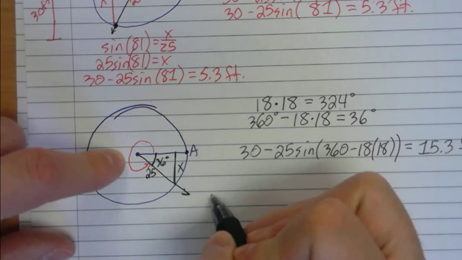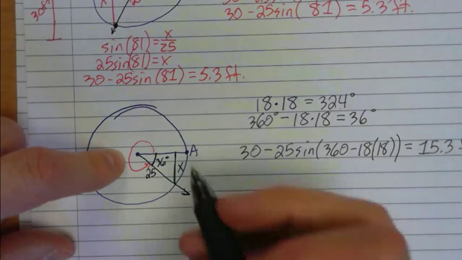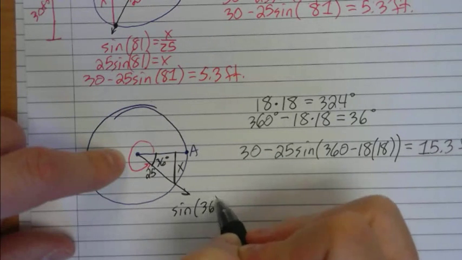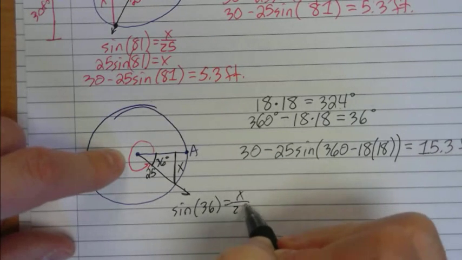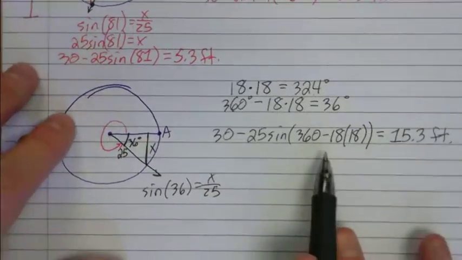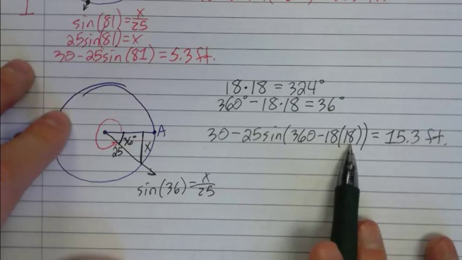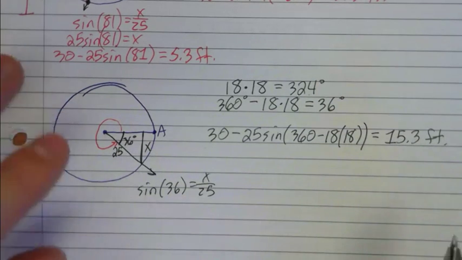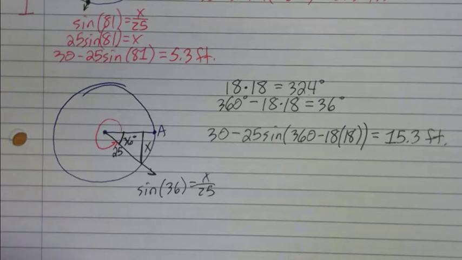As a reminder, we were doing sine of 36 equal to x over 25. And that kind of led us there. So just remember, we're using the 360 minus 18 times the number of seconds to get this 36 degree angle, because we only want to use degrees and angles that are between 0 and 90 so we can relate it to a right triangle trig problem that we're all more used to.